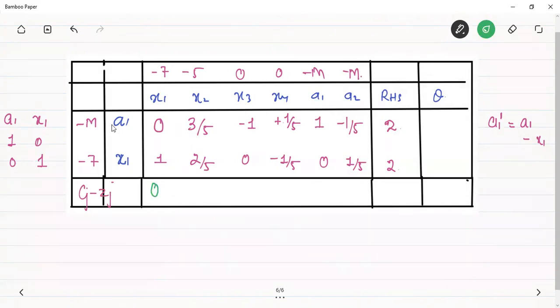Okay, now multiplying these two, it will be 3 by 5. Okay, you can see that after the... you have to solve it yourself, this will become 3m minus 5 by 11. Okay, and this is a 0, this is plus m. 0 minus m will be minus m.